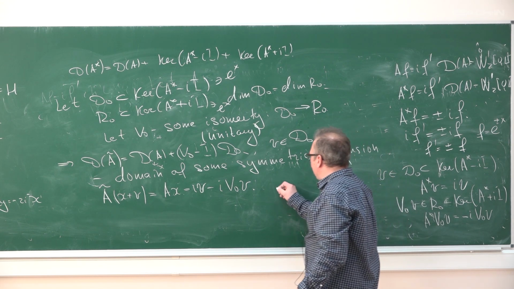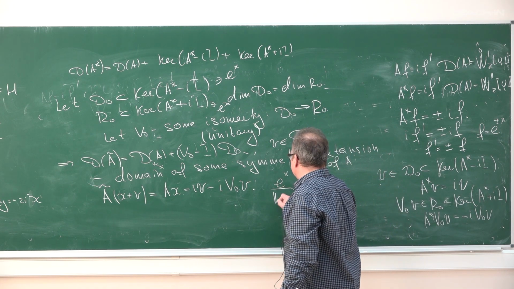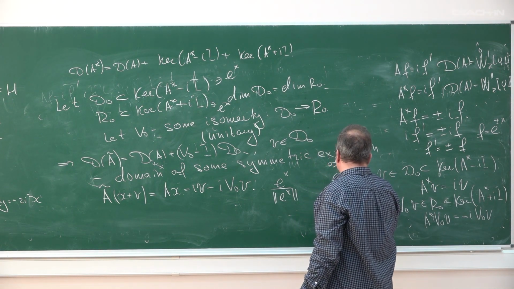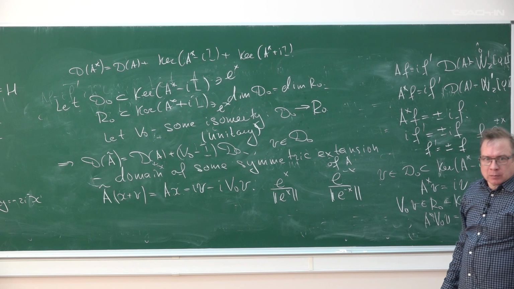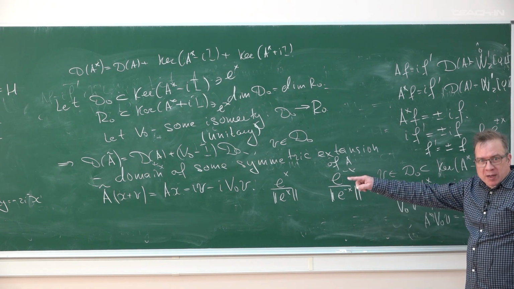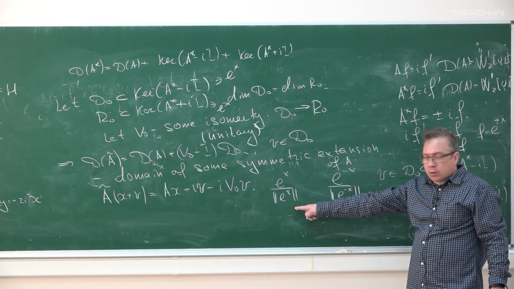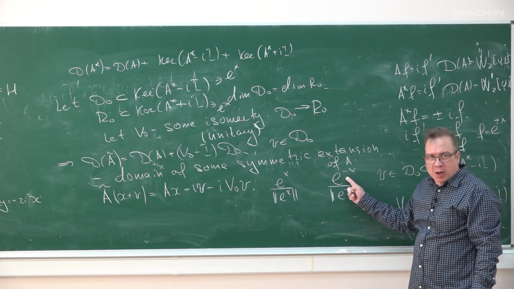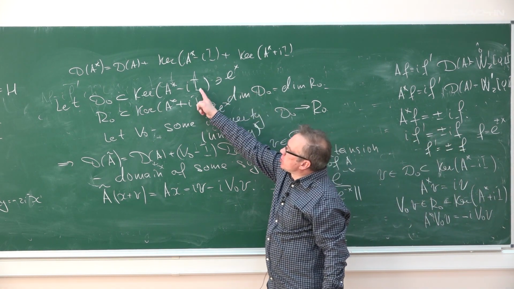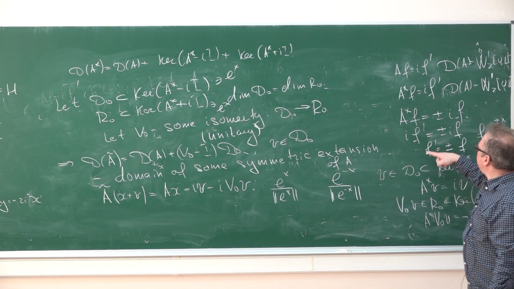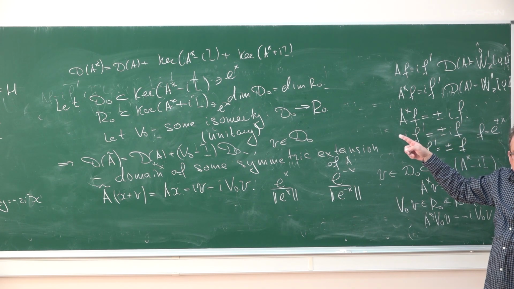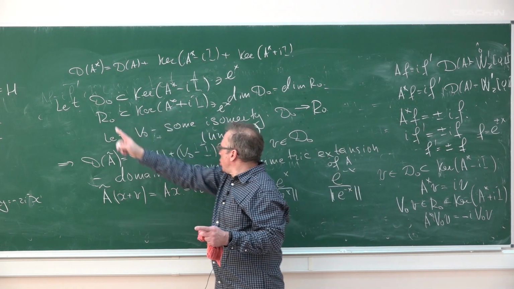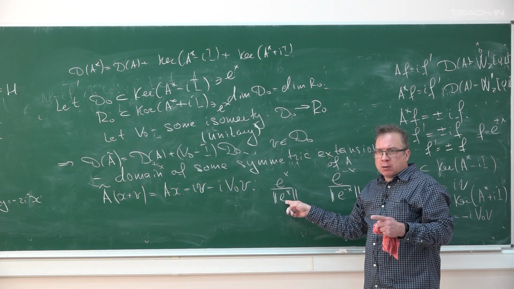It is a lot of calculation. So you must find this. The norm of this vector is 1. We have a one-dimensional situation for this operator. The defect numbers are equal to 1, 1. So space D0 is the linear span of this vector.